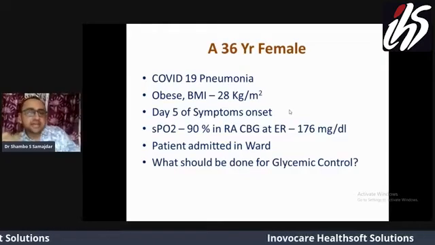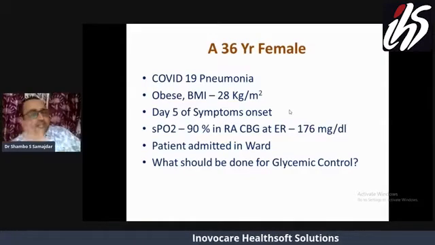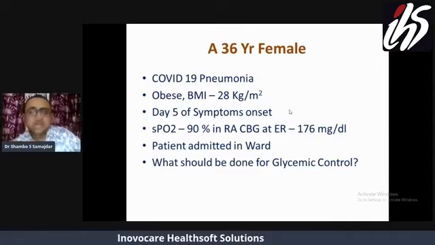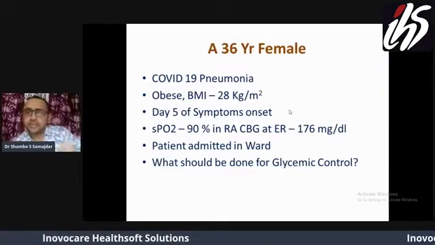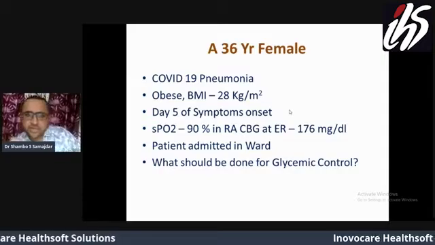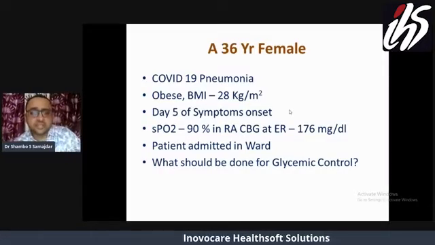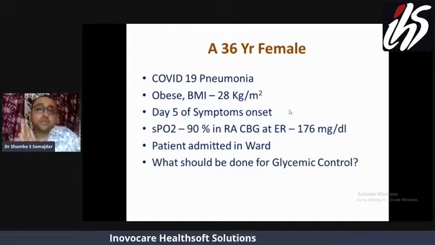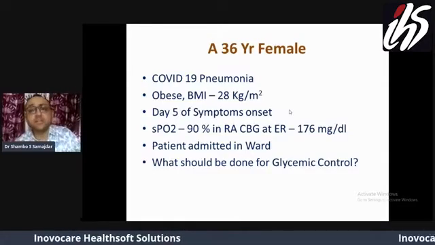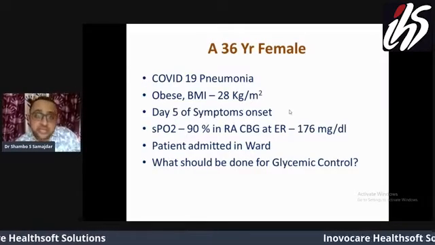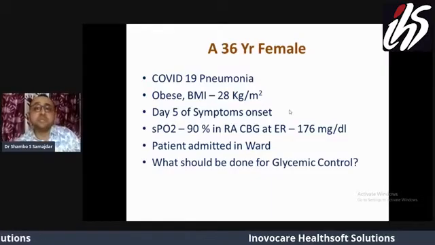Whether this glycemic control is deranged or not, I am not going into details, because Dr. Ray has beautifully mentioned when to start therapy. But what I want to emphasize in this particular patient is that we need to do follow-up CBG values.